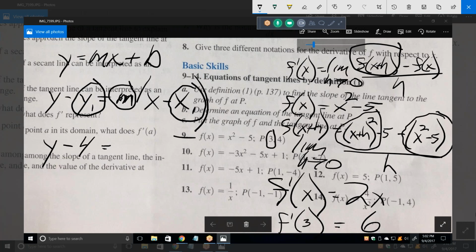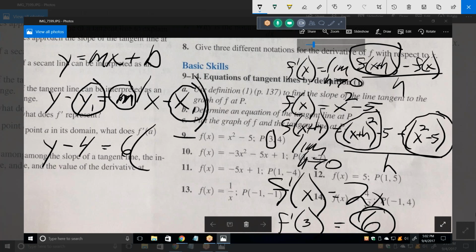What's the slope again? 6. It's the slope at that point. Remember, that slope changes. As you travel along that function, that's a quadratic, that's a parabola. The slope changes every time you move right or left. Okay? So it's only a slope of 6 at the point where x is 3.